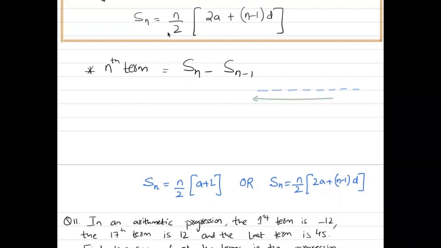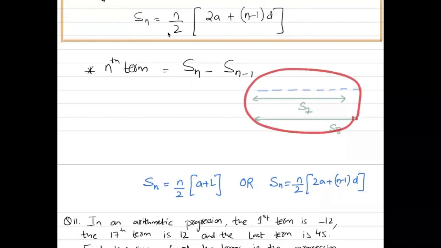In order to find the 8th term, would you agree that you can calculate S7? S7 would mean the sum of the first 7 terms, and you can calculate S8. That means the sum of the first 8 terms. Would you agree that the sum of the first 8 terms minus the sum of the first 7 terms is going to give you the 8th term?